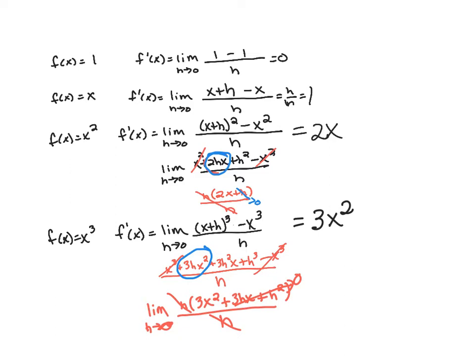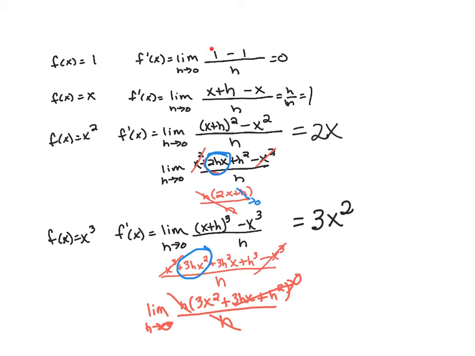Okay, so let's start with what if f of x is just a constant. The derivative is the limit as h goes to 0 of the ratio, with h in the denominator. Now, if I plug in x plus h, you see there's no x there. So the y value is always 1.